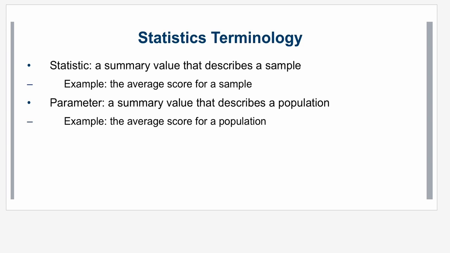And so that average was a statistic. And we would hope to assume that that would apply to the larger population of the school. It was a college, I think it was a college. Now, if you actually calculated the average score for that entire college, that was the population that they were interested in, that would be your parameter. Okay.